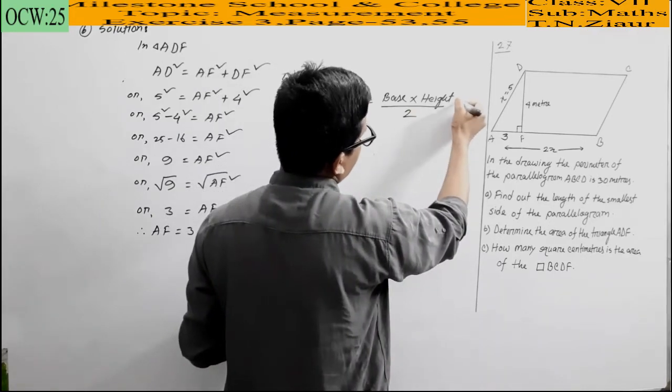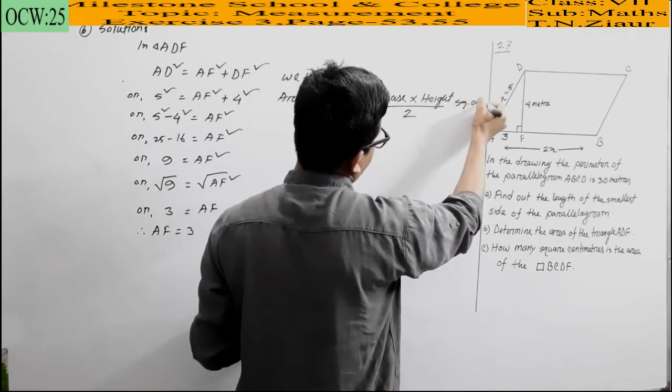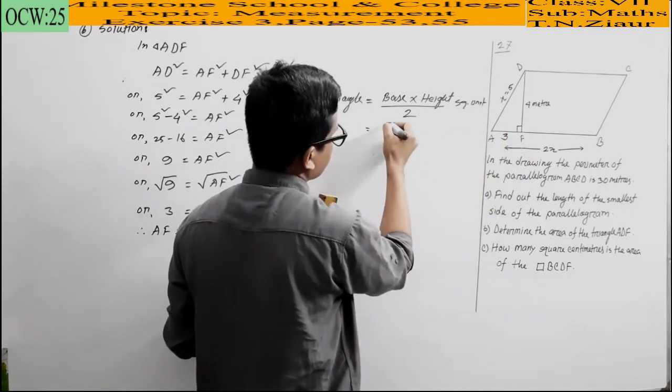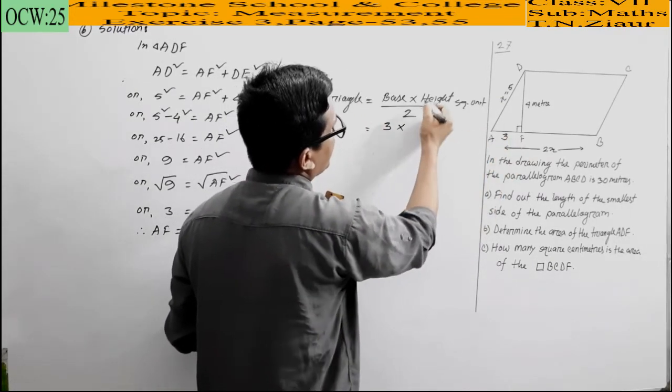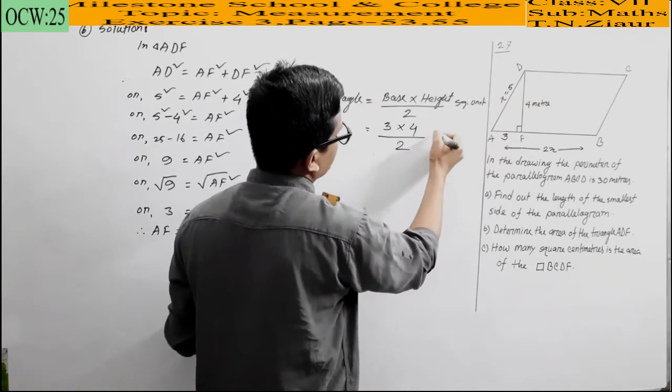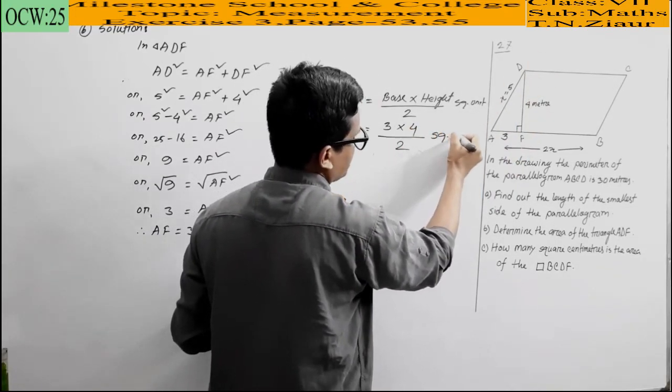Students, here the base we got is 3, so just write 3, and the height is 4 meter, so 4, and divided by 2, the unit is square meter.